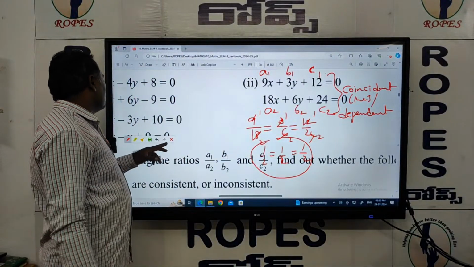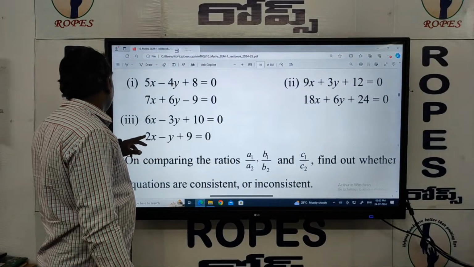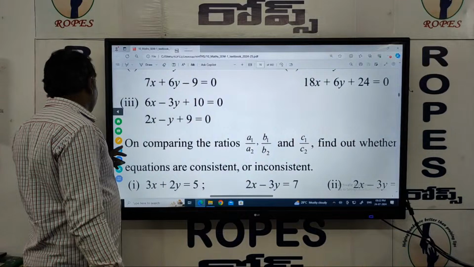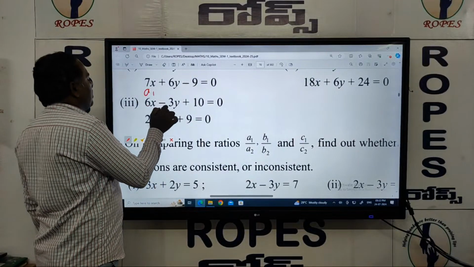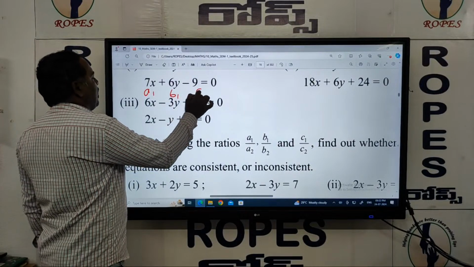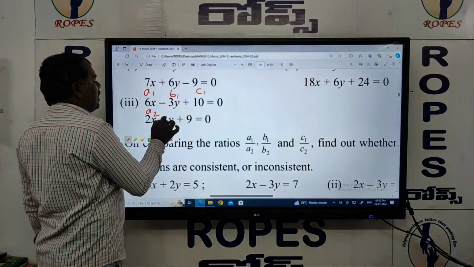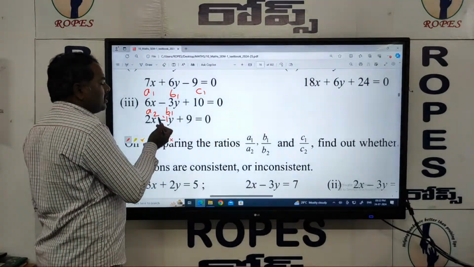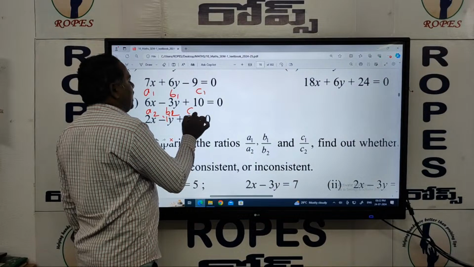Now if you go to the third sub question, A1 is 6, B1 is -3 and C1 is 10 and A2 is 2, B2 is minus 1, since nothing is there with minus y means minus 1, and C2 is plus 9.